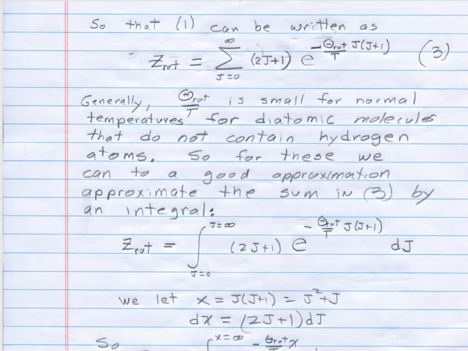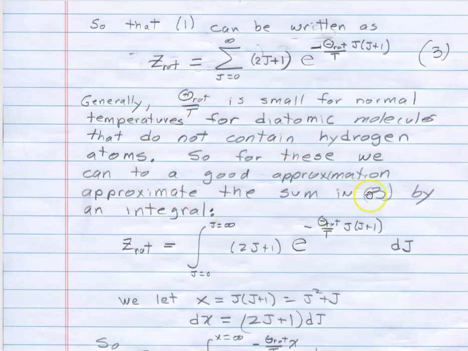Once you get into hydrogen, you have to do some additional gyrations, mainly because they're so light. So it's a small mass. But so long as we have those conditions, for instance O2, oxygen is a good approximation.